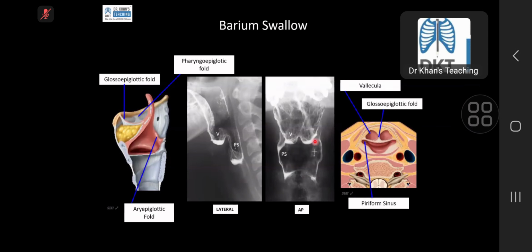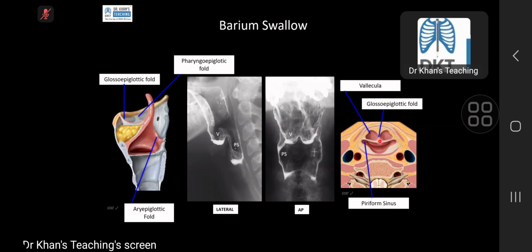Now, this anatomy has been asked in the exam, and you must know this anatomy. This is a barium examination, a barium swallow examination. On a barium swallow examination, if you place yourself here on an axial slice, you can see that this is the epiglottis. So the epiglottis is here. And these are the aryepiglottic folds, which are here.